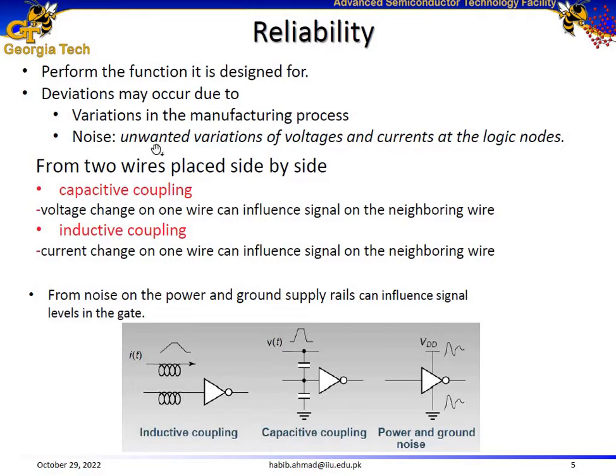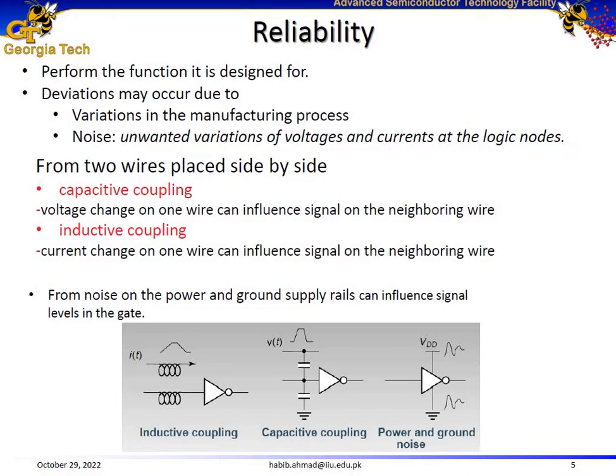And then the second factor which can affect the reliability of inverters or other integrated circuits is noise, which are unwanted variations of voltages and currents at the logic nodes. There could be multiple sources of noise. Inductive coupling, as we already discussed, that on printed circuit boards we have loops of metallic tracks, and these loops act just like an inductor.